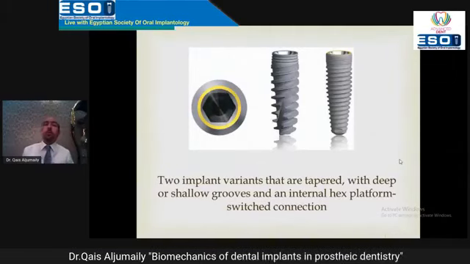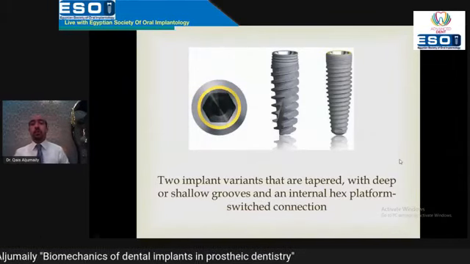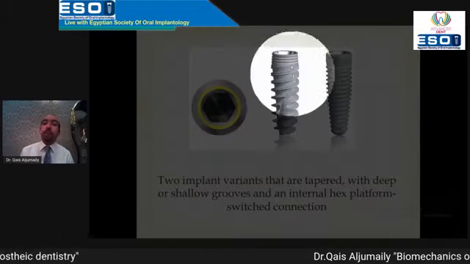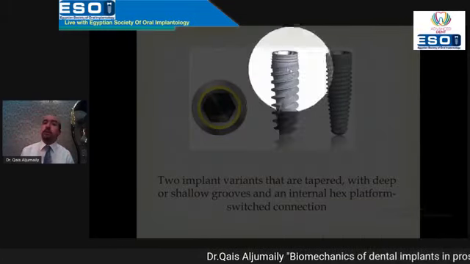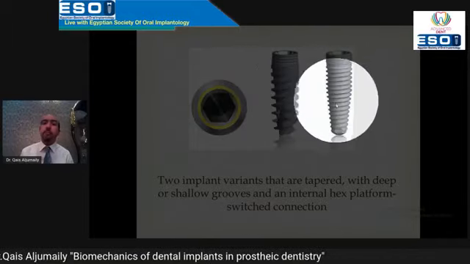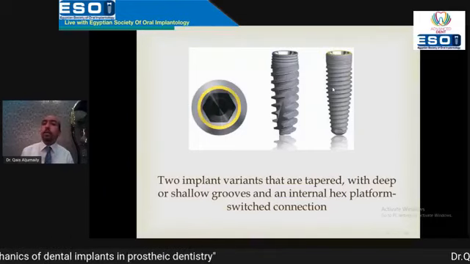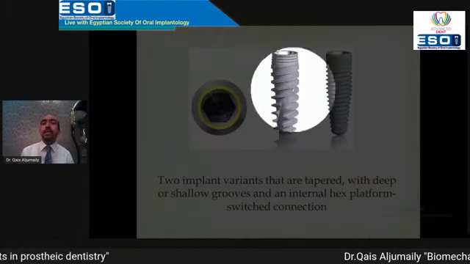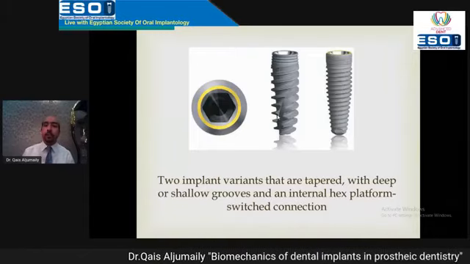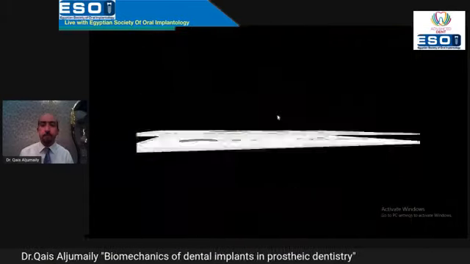Of course, you have to understand the design of the implant itself, whether you want to use immediate loading, you have to think about the design of the dental implant itself, or you are going to use a conventional implant. So you have to understand the implant design because it will affect the biomechanical effect of your final prosthesis.